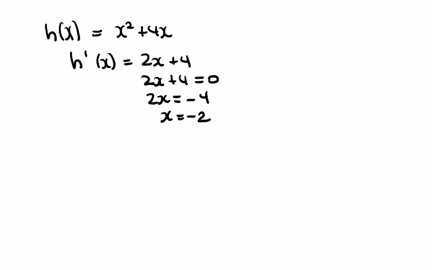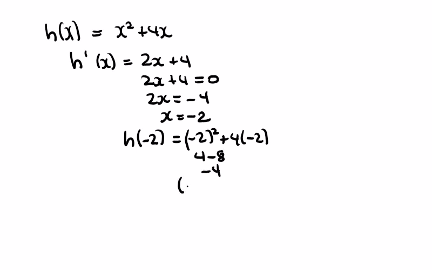And if x is equal to minus 2, h of minus 2, laid out the same way each time, is equal to minus 2 to be squared plus 4 times minus 2, which is 4 minus 8, which is minus 4. So the minimum point, write down what it is, the minimum point is minus 2, minus 4.